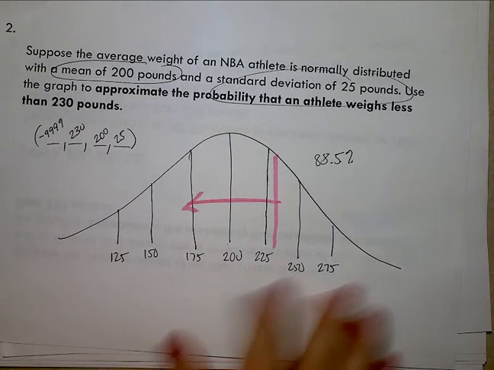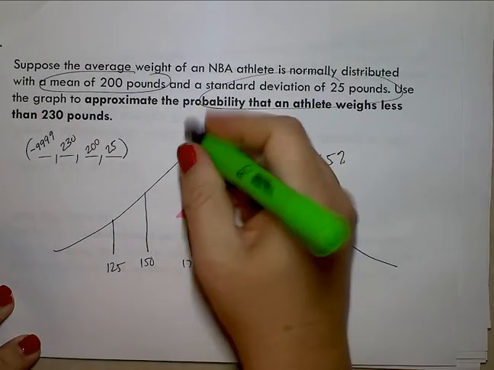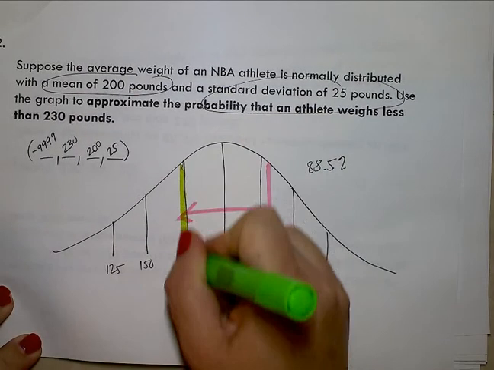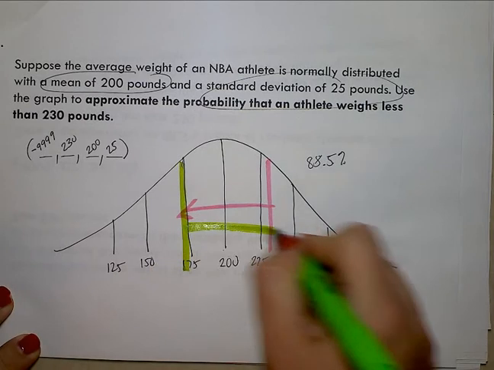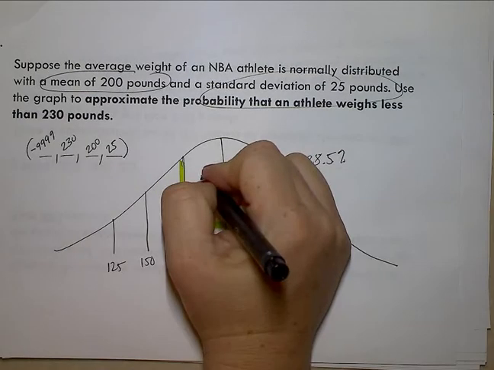So, we want to know the probability of an NBA athlete weighing more than 175. Well, I can refer back to this. Because 175 lands right here, more than 175 is to the right. So you should already have these memorized. This is 34.